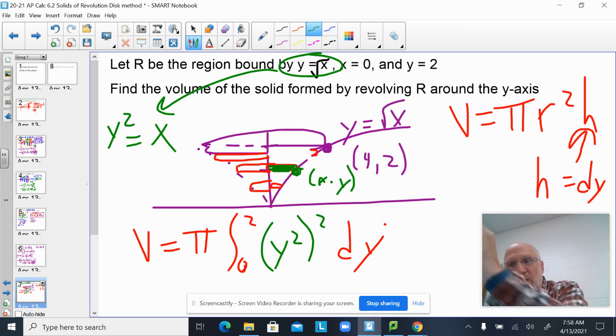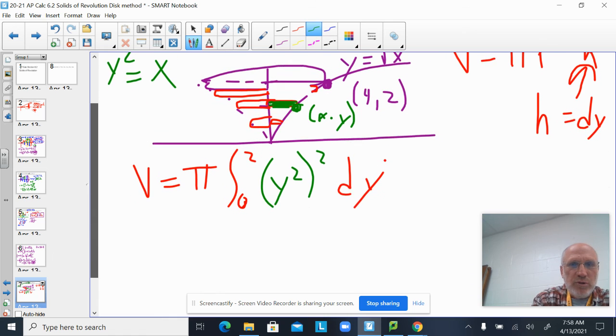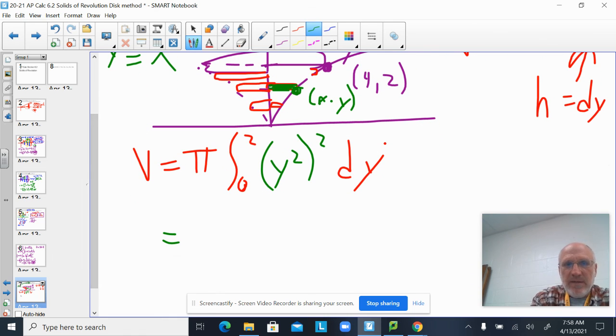As you rewrite these integrals, be aware that you're just rewriting the formula pi r squared h. Pi goes out front. H is the thickness, which here is dy. We've got to be real careful finding the radius, which we just did there. Okay, so now we can finish this. This is pi times the integral from 0 to 2 of y to the 4th dy.